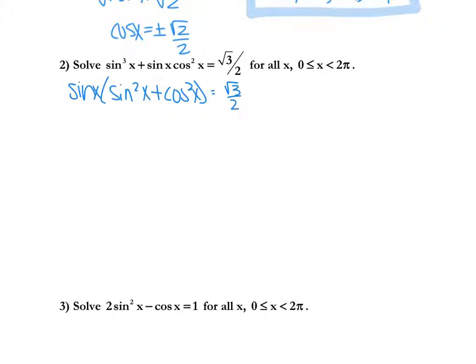Now hopefully you recognize that this is a Pythagorean identity, which just equals 1. So now we have sine x times 1, which is just sine of x, equals root 3 over 2. And from there, where does sine equal root 3 over 2? That's going to be at your 60-degree reference angles in quadrants 1 and 2.